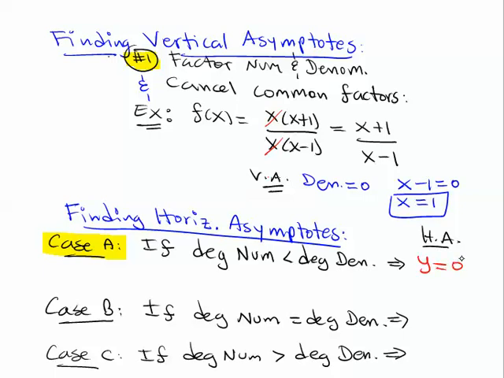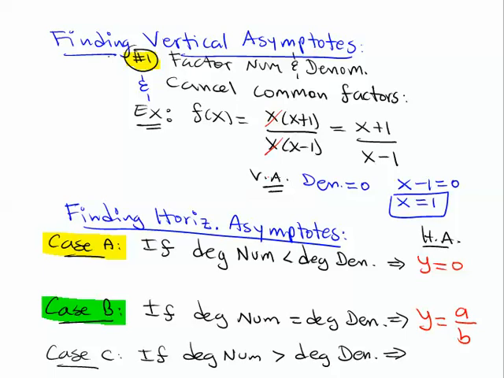Okay, that's case 1. Case 2 is when the degrees are the same, so they share the same highest power. When that happens, the horizontal asymptote will be a fraction, and this fraction is obtained by looking at the leading coefficients.